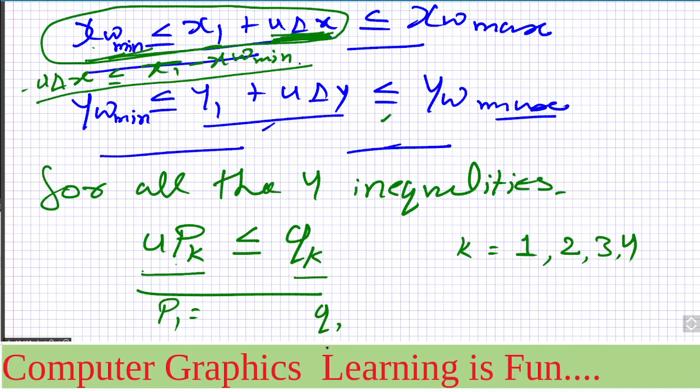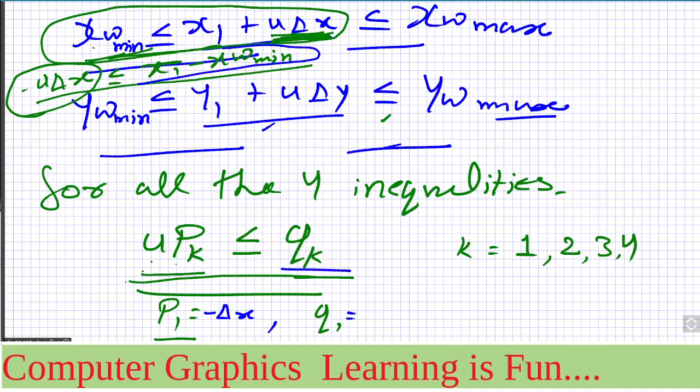Anyone of you can respond. So for keeping this in this equation, u is already here. What will be the pk? Yes, minus delta x. And what will be the q1? Whatever is on this side, so it is x1 minus xw min.